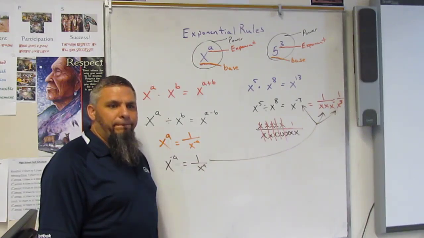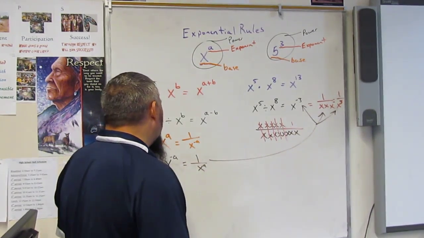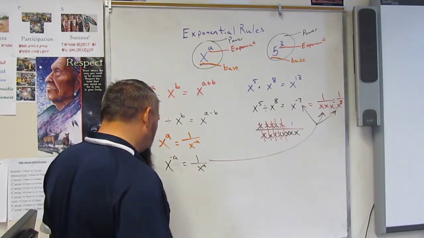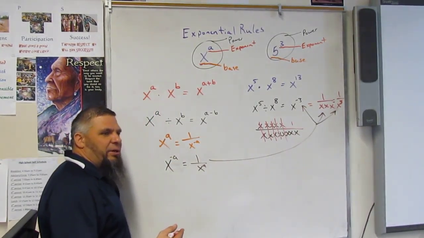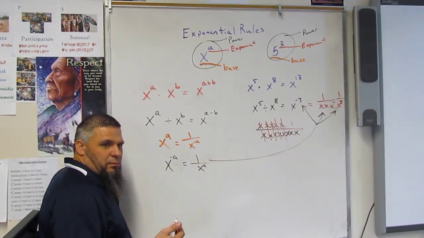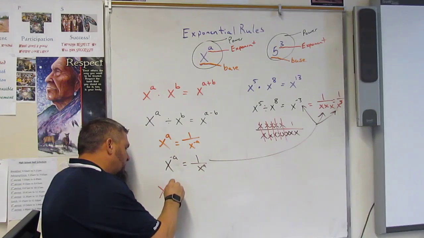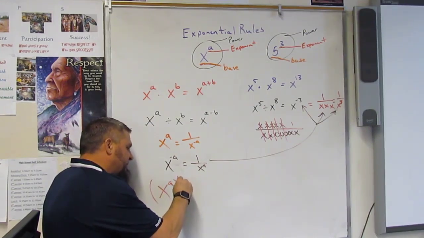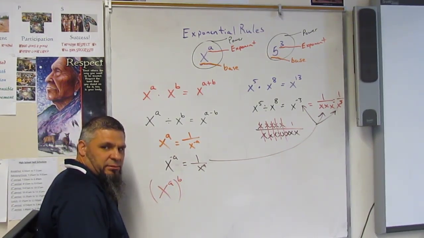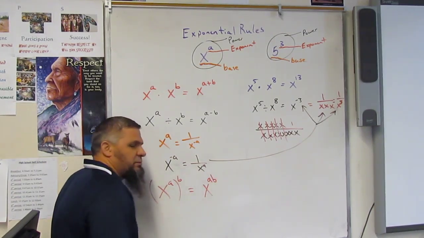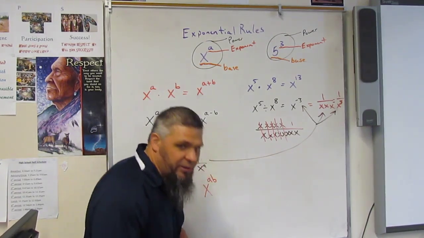Okay? That's it. Alright. Now, one more rule, and then we're done. Power of a power. If I have x to the a raised to the b, then that equals x to the ab. Okay, so let's look at that.